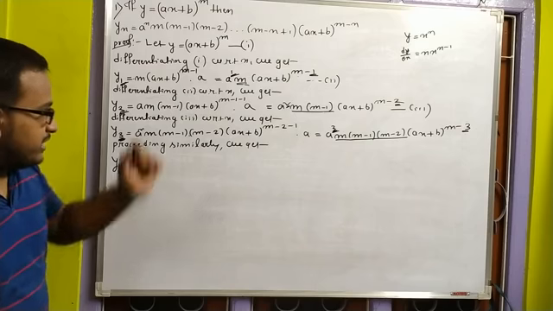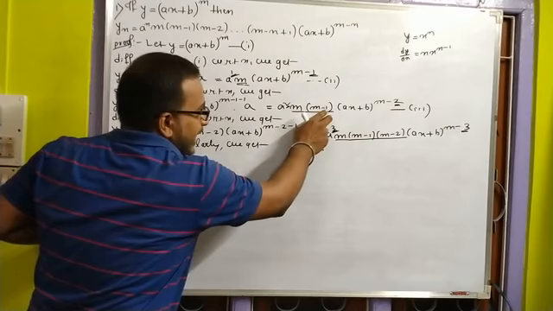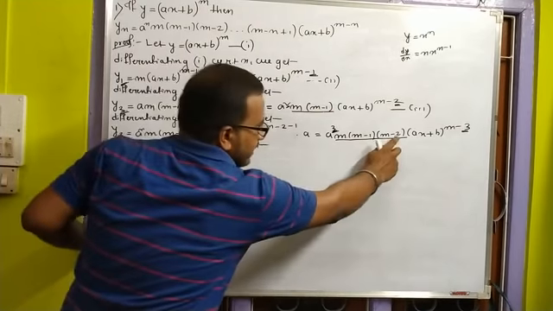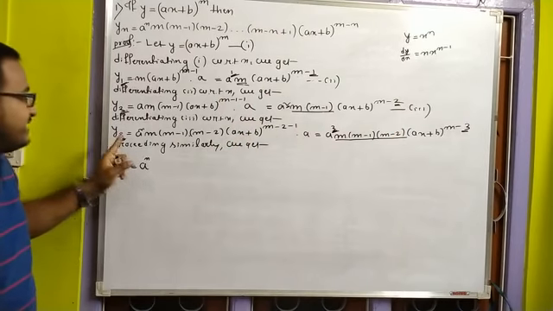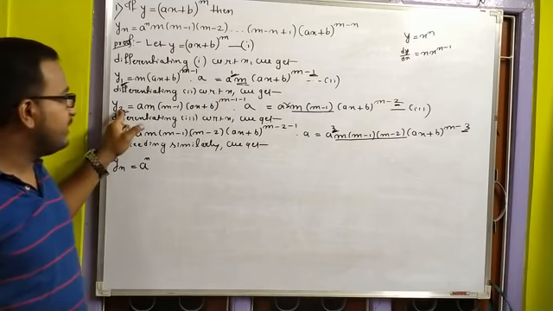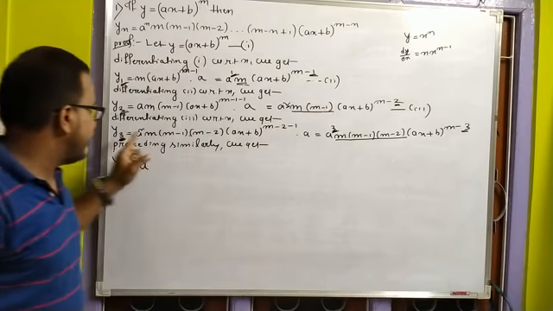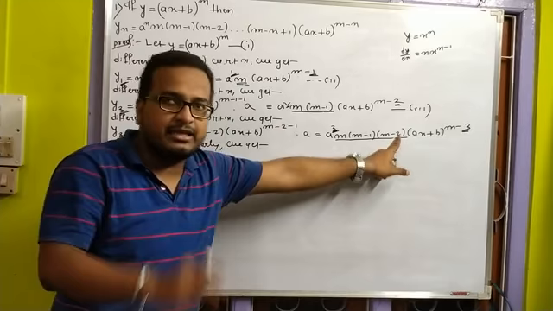Now you have to note another thing. When it is 2, then it will be m minus 1. When it is 3, the last term will be m minus 2. That means 1 less than this quantity, right? When it is 2, then it will be m minus 1, 1 less than 2. When it is 3, then the last term is m minus 2, that means 1 less than 3.